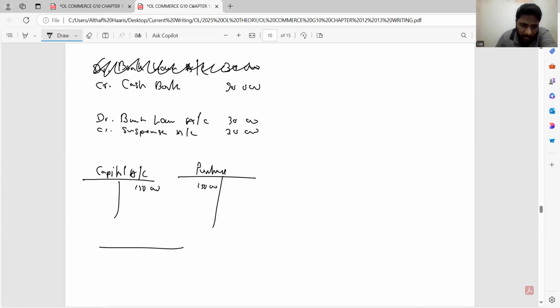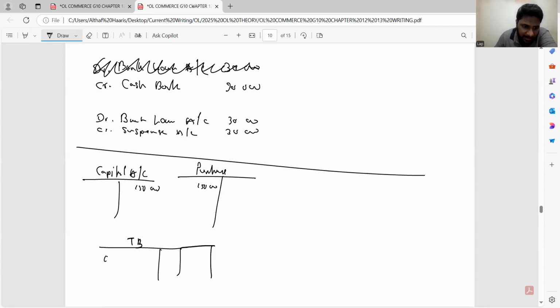So all the accounts have been properly done. For the trial balance as the capital account, you have taken 150,000. As the purchase account, you have taken 130,000. So again, there is a mistake in trial balance.